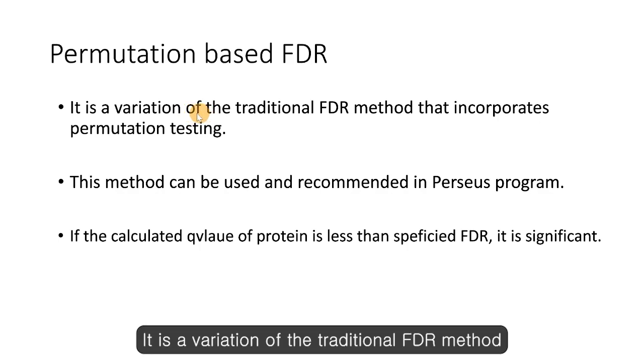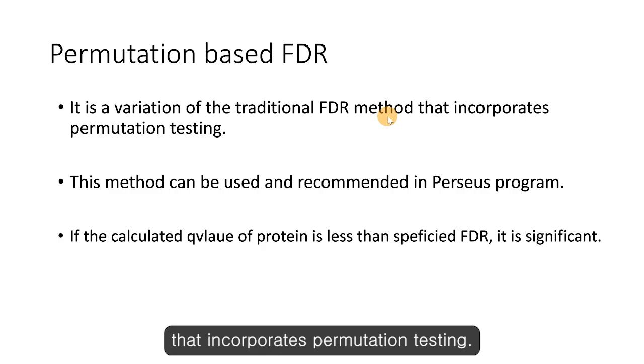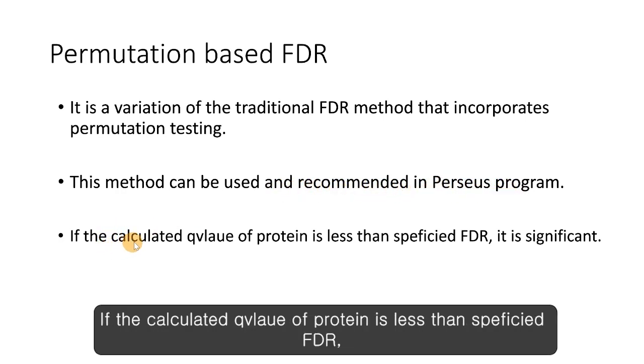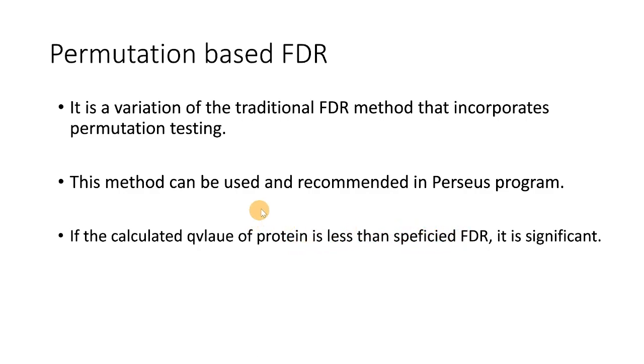It is a variation of the traditional FDR method that incorporates permutation testing. This method is recommended in the Perseus program. If the calculated Q value of a protein is less than the specified FDR, it is significant.